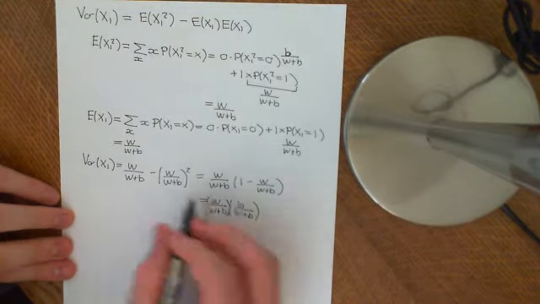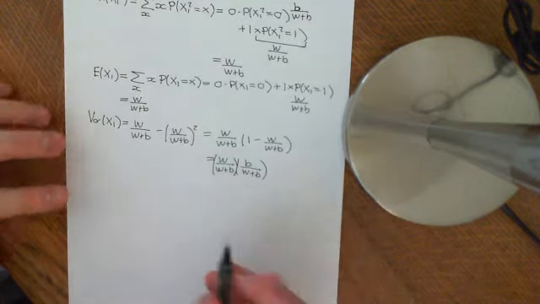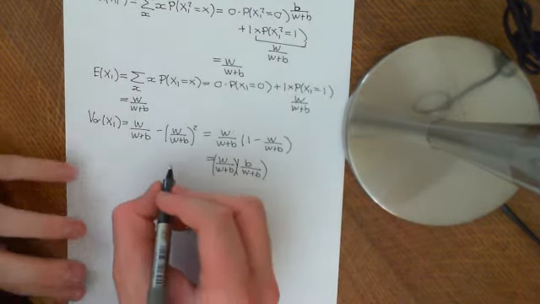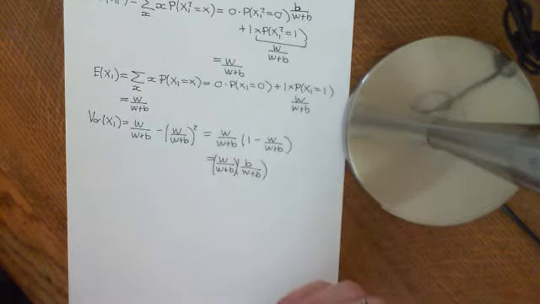Okay, so that tells us what the variance of the random variable x1 is, and basically it's identical for any of those little subscripted random variables xi. Okay, so we've done that.